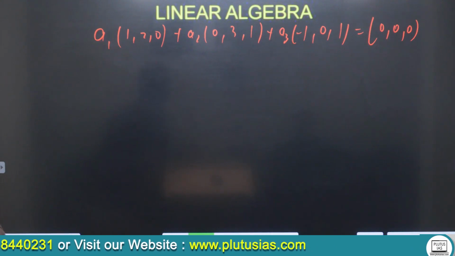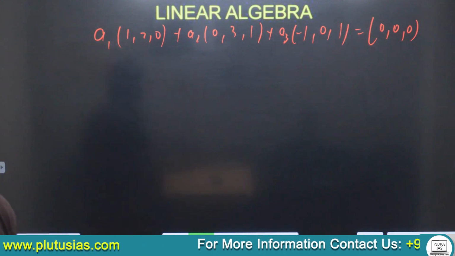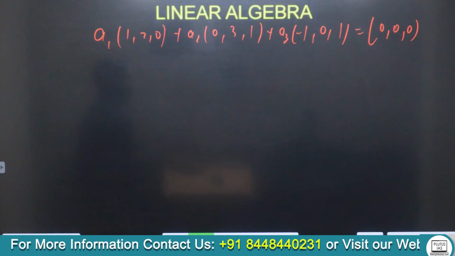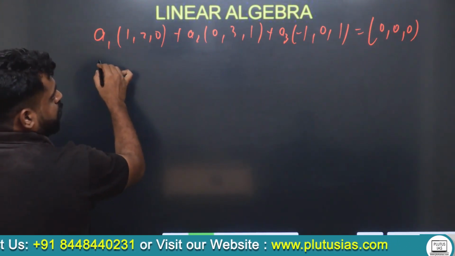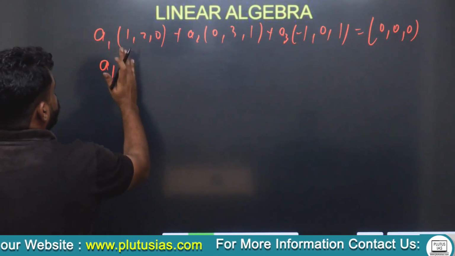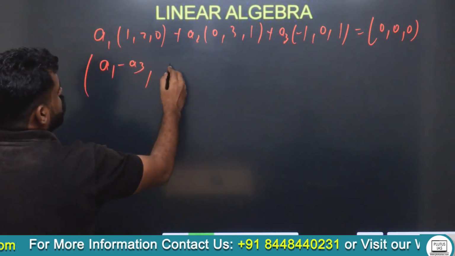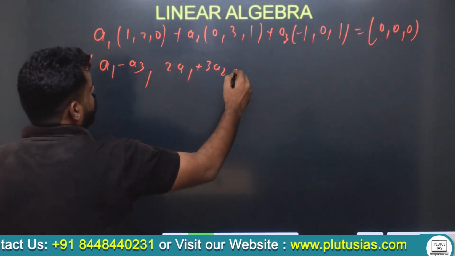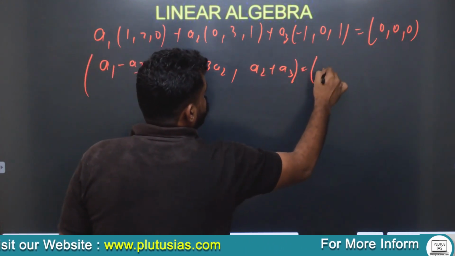Some are saying independent, some are saying dependent. Rajesh said linearly dependent. Let me check. This is A1 minus A3, 2A1 plus 3A2, A2 plus A3, equal to 0, 0, 0.